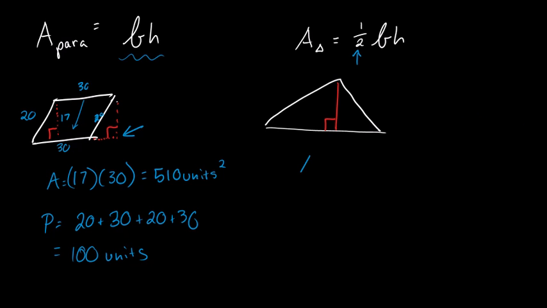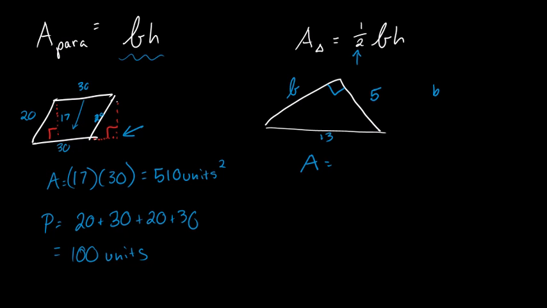Say I don't know the base, but I do know, let me redraw this with a right angle right there, that this side is 5 and the hypotenuse is 13. Well, how can I find the base? I need to find the base in order to find the area.